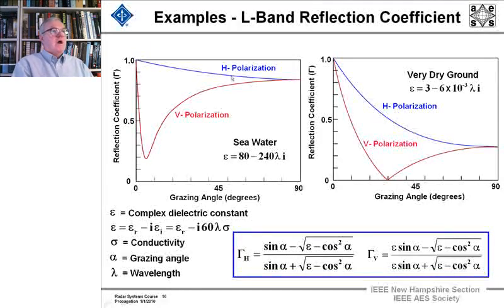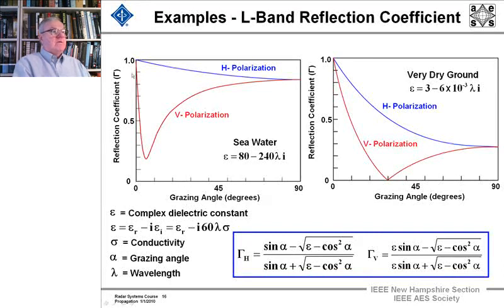So if we have horizontally polarized radiation, and we have seawater, the complex dielectric constant of seawater is given by this factor. The conductivity, of course, is there, and the grazing angle is alpha, and the wavelength.